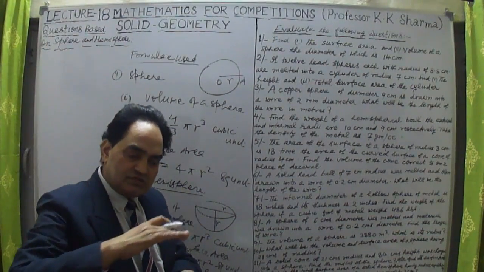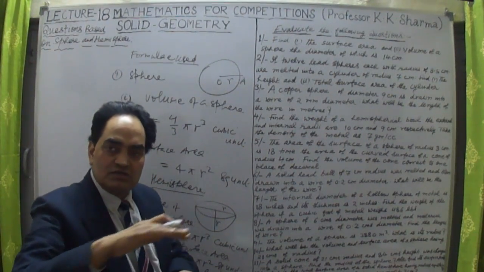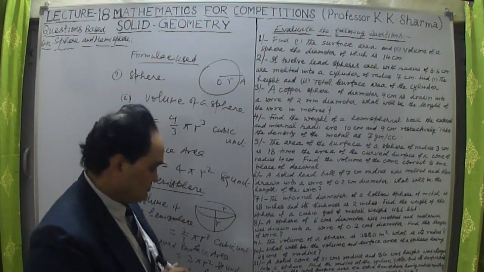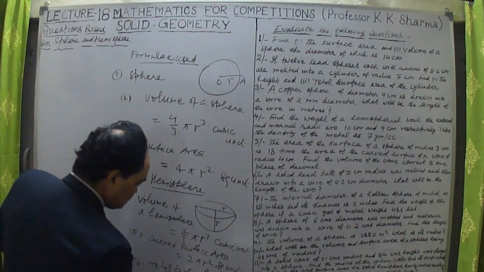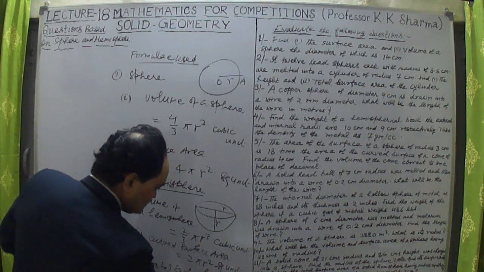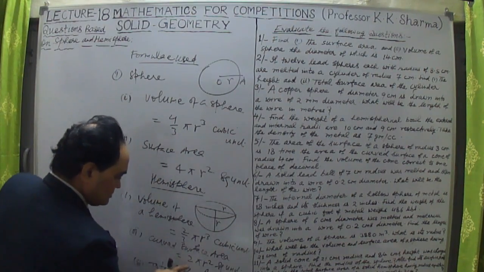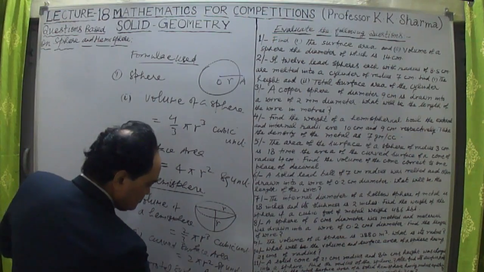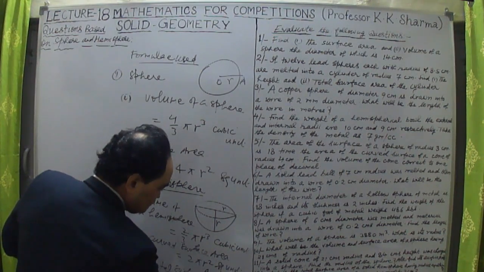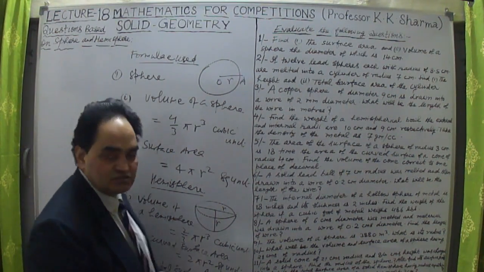So this base is a circle, and the area of the circle at the top is also added up. This is pi r square plus 2 pi r square, that means 3 pi r square. One pi r square is added to the curved surface area: 2 pi r square plus pi r square is 3 pi r square, in square units. So these are the 3 formulae in case of a hemisphere.